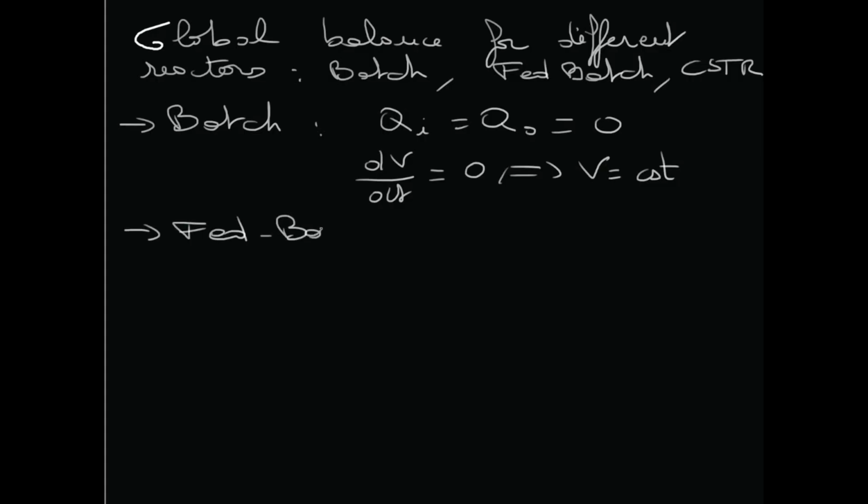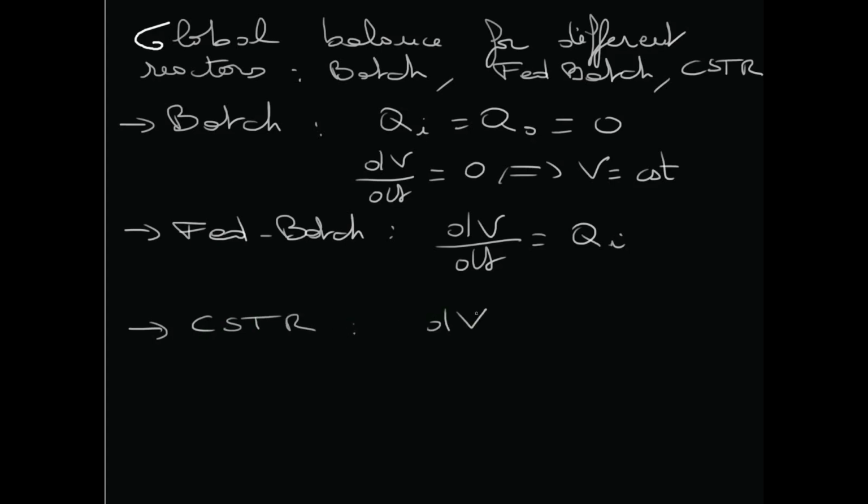In a fed batch, there is an input flow. So dV over dt is equal to Q in. And we will see in some examples that we could do the integration of this kind of equation.